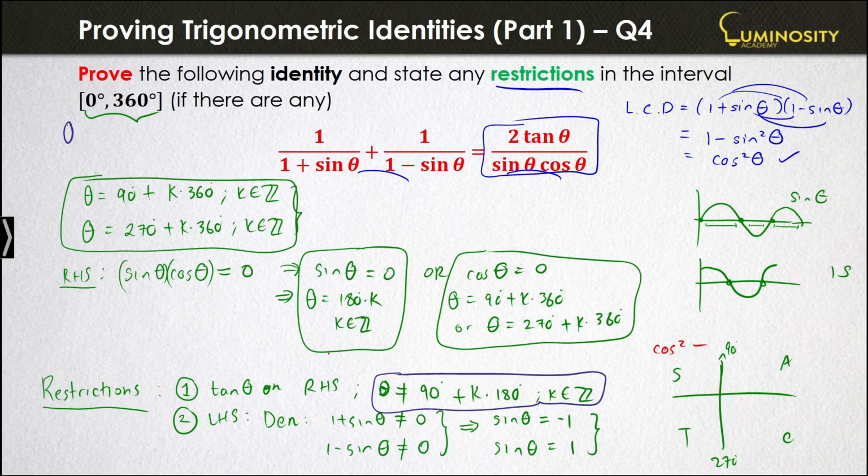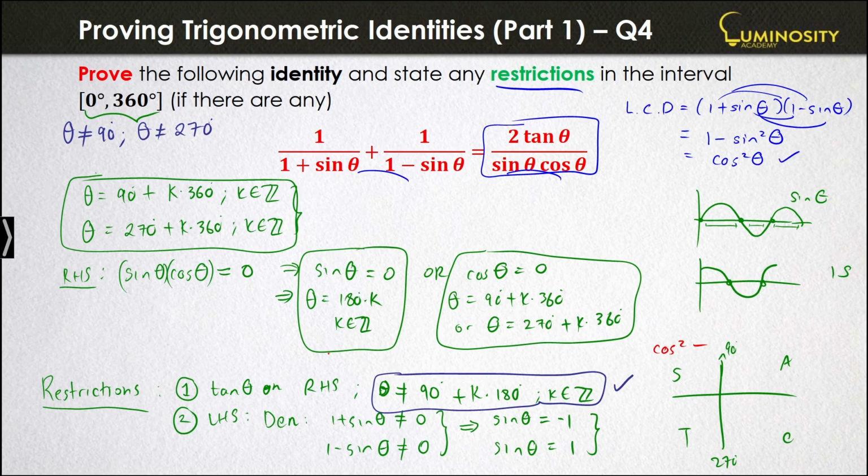So the restrictions would be theta cannot equal 90 degrees, theta cannot equal 180 plus 90, that's 270 degrees. If I add another two multiples, I go over 360. And if I start subtracting 90 minus 180, that's -90, that falls outside of the domain 0 to 360.